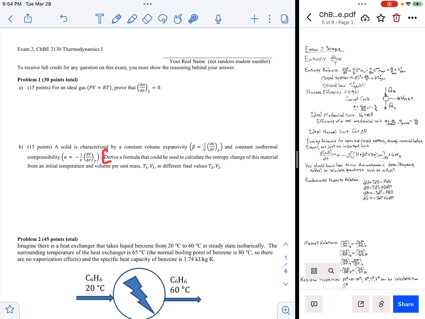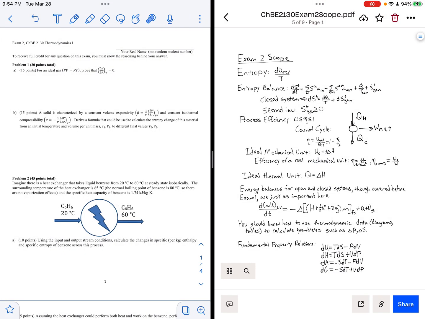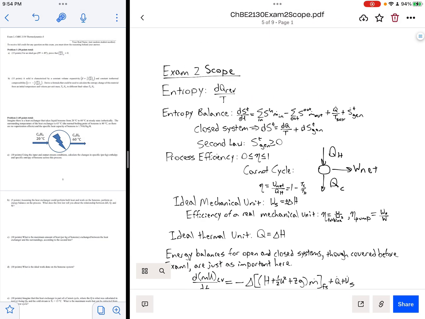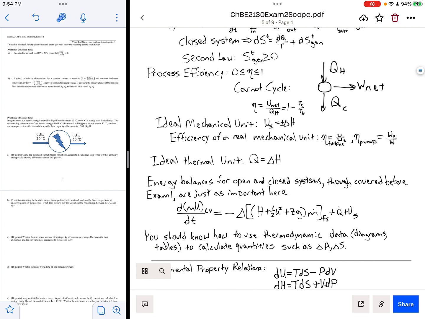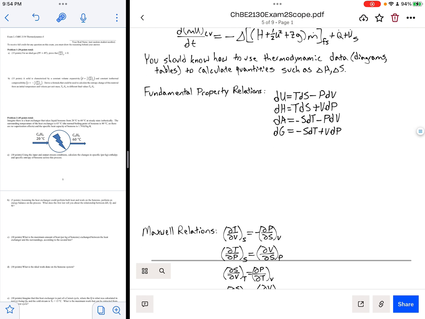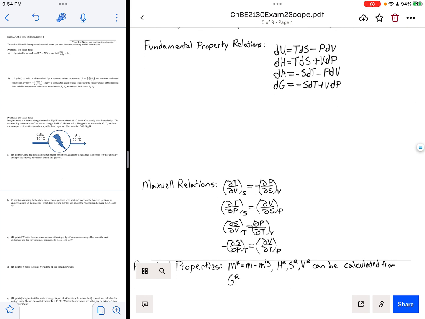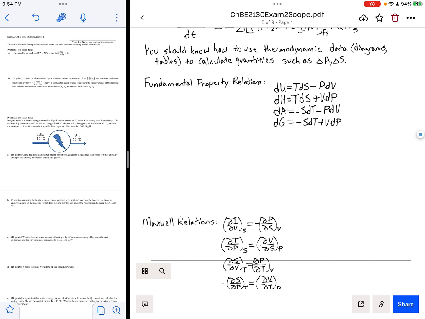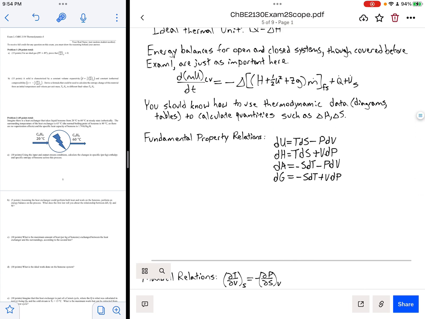And then we need to derive a formula that can be used to calculate entropy changes between two different temperatures and volumes. So let's take a look at the scope document. This will tend to focus on the topics towards the bottom: fundamental property relations, Maxwell relations, and general calculus concepts.